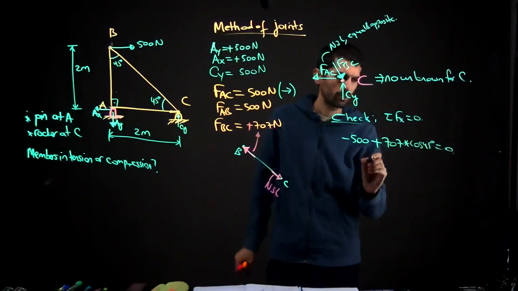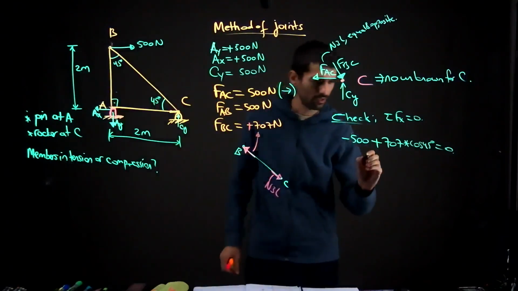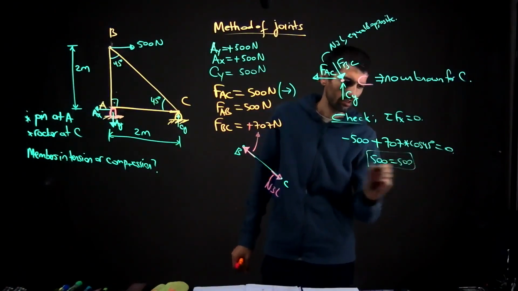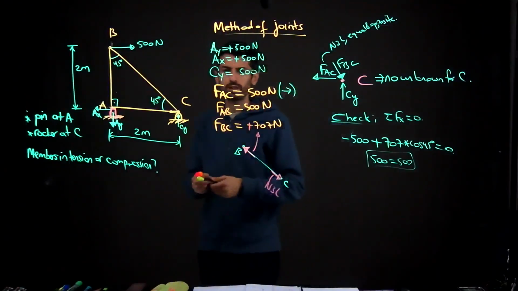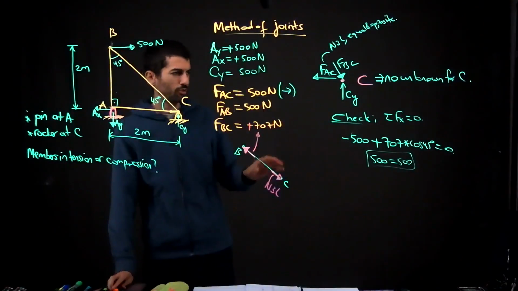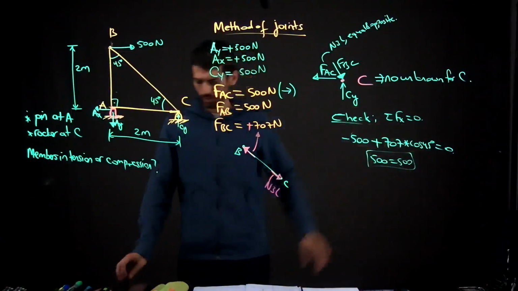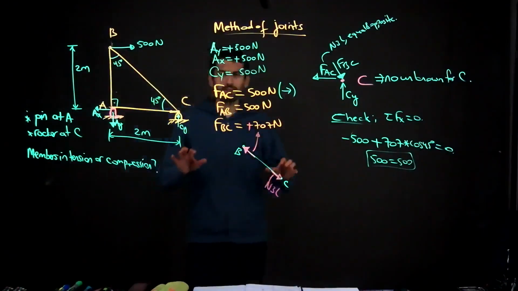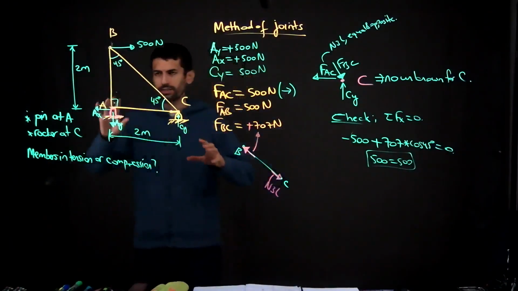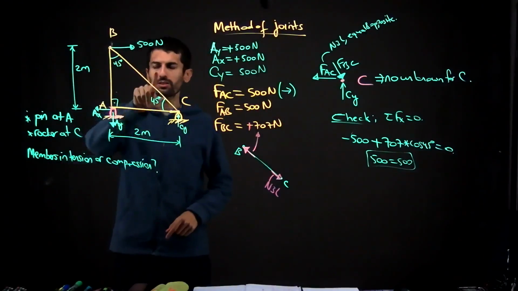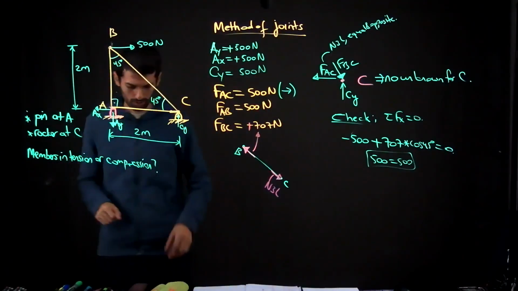And from here, we see that 500 is equal to 500. It is true, so it means that the values that we have are correct by checking. This one is just for check. And now the time is to determine whether each member is in tension or compression. Okay, so let's do that.